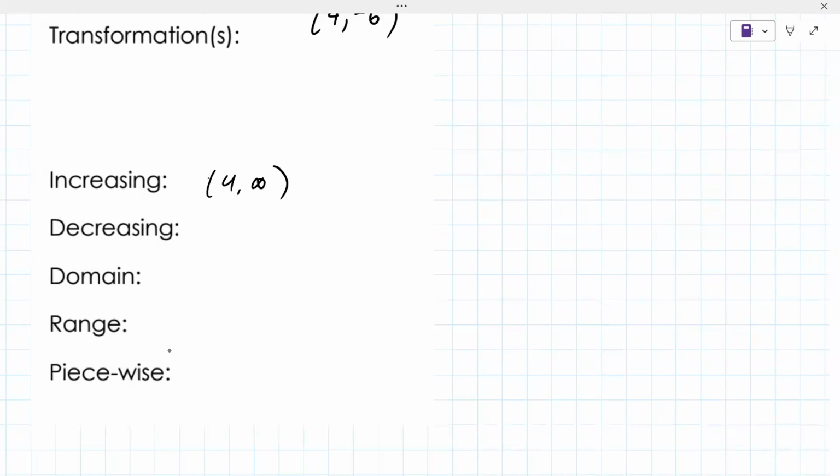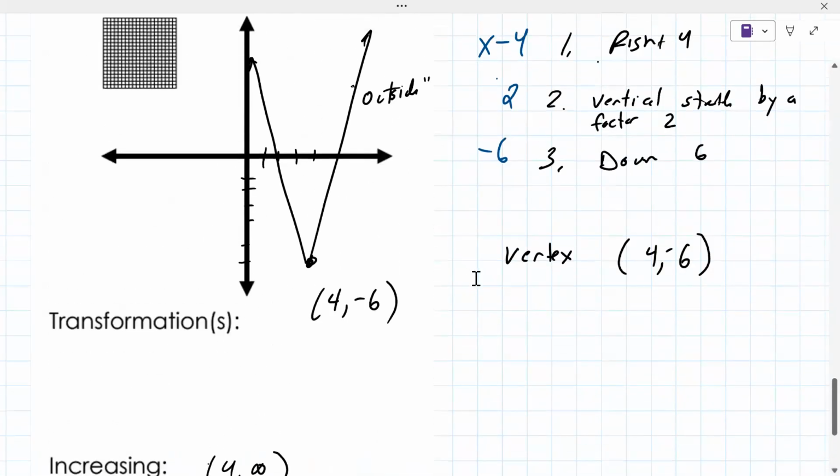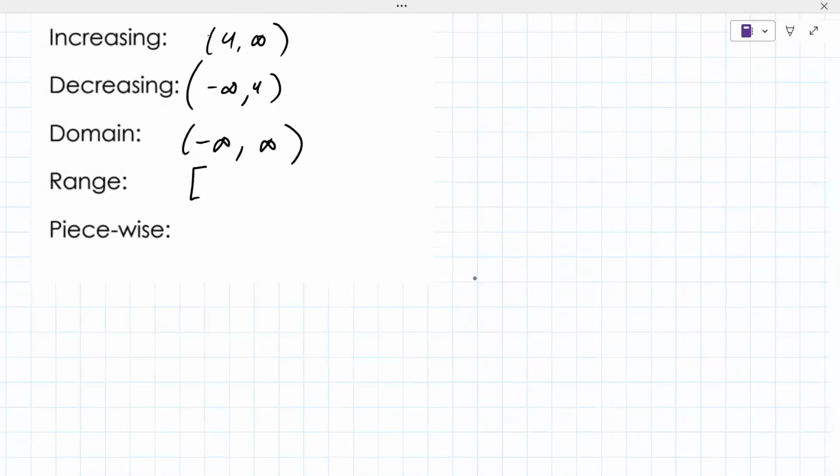And for decreasing, it would be from -infinity to 4. Good. Keep going. And the domain would be -infinity to infinity. Okay. The range would be -6 included to infinity.